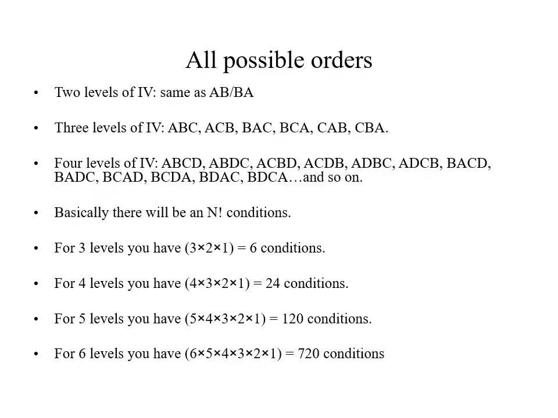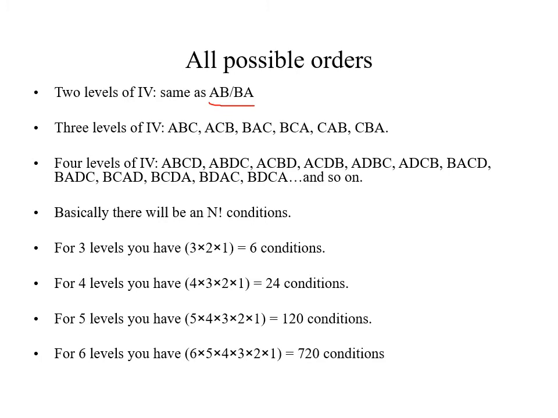Now with all possible orders, basically when you have two levels of the independent variable, it's the same as the AB/BA counterbalancing. And when you have three levels of the independent variable, then you get the orders ABC, ACB, BAC, BCA, CAB, CBA, right?